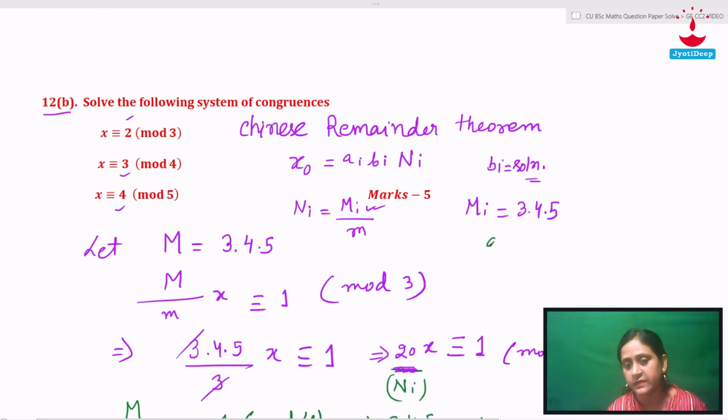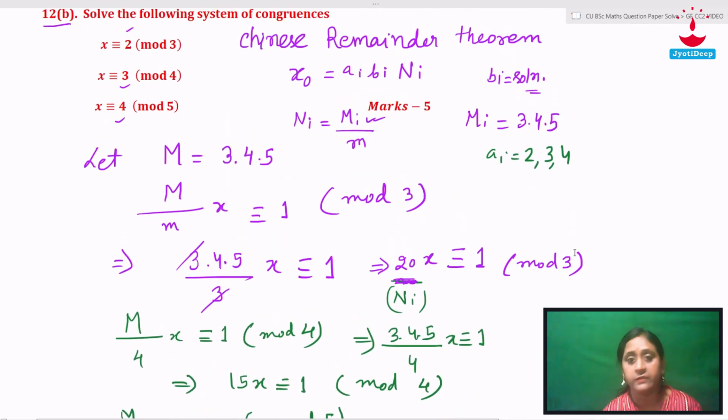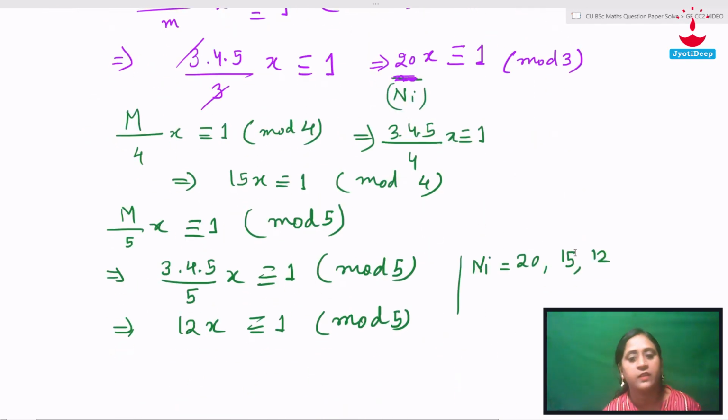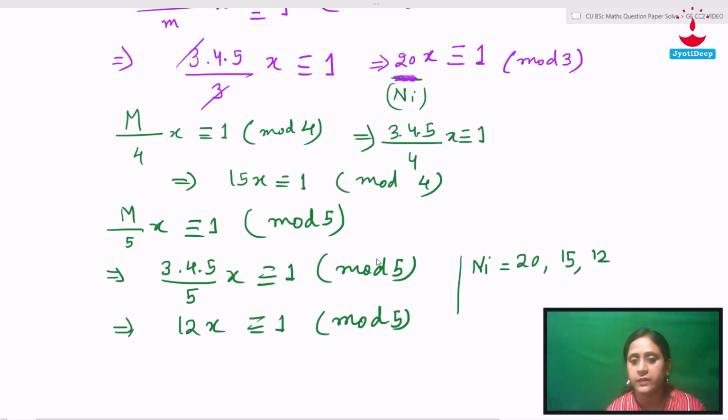So we can write ai means here 2, 3, 4, that is a1, a2, a3. ni, ai we got. We have to find out bi. How do we find bi? Okay, from these equations we are going to find out bi.